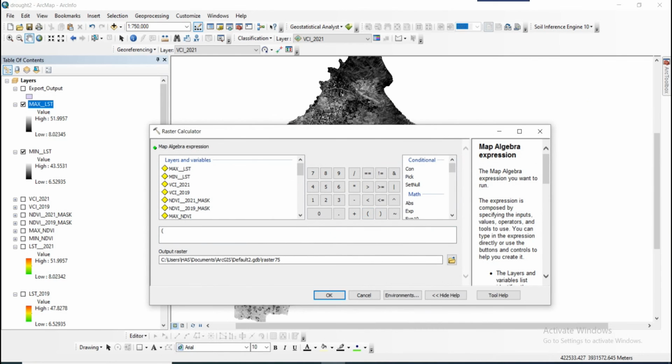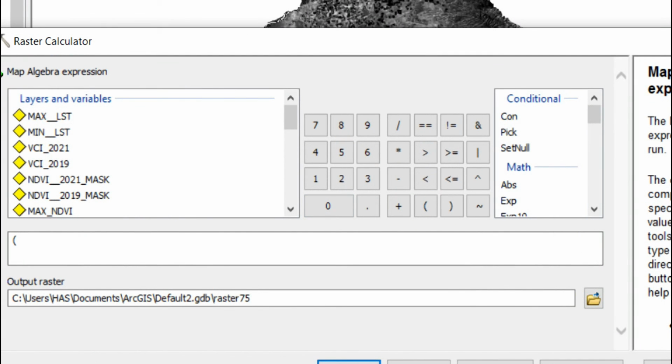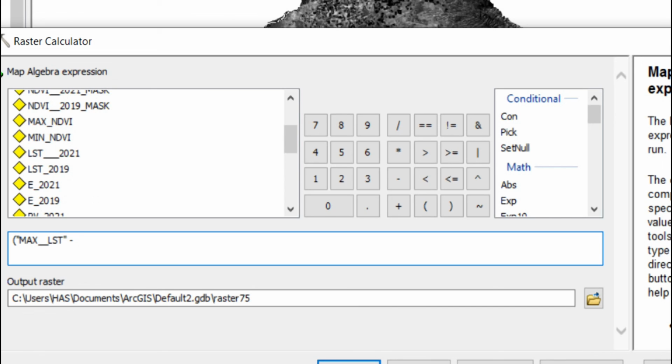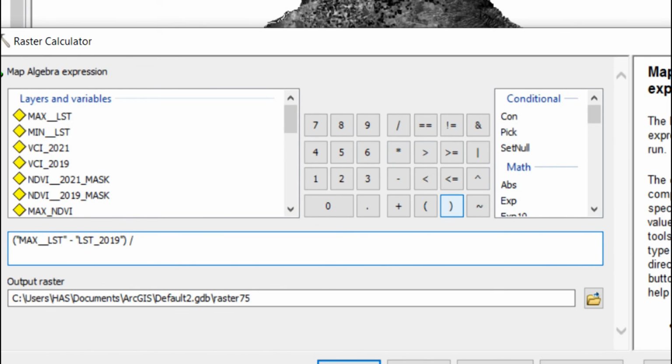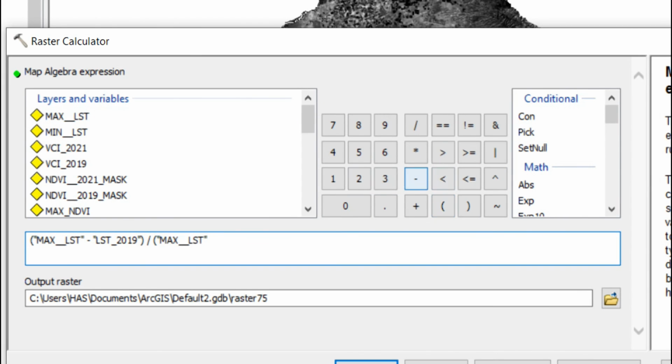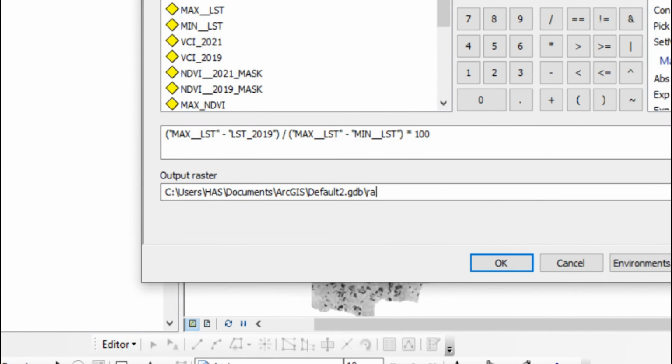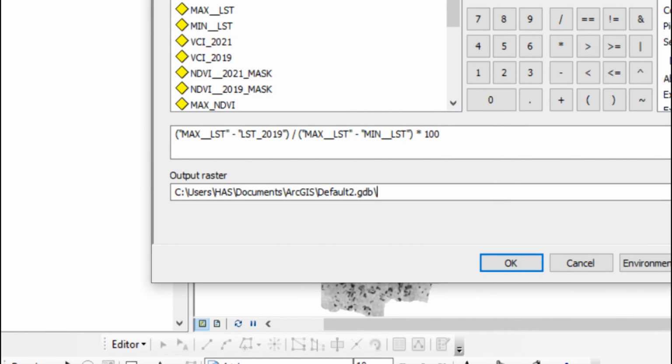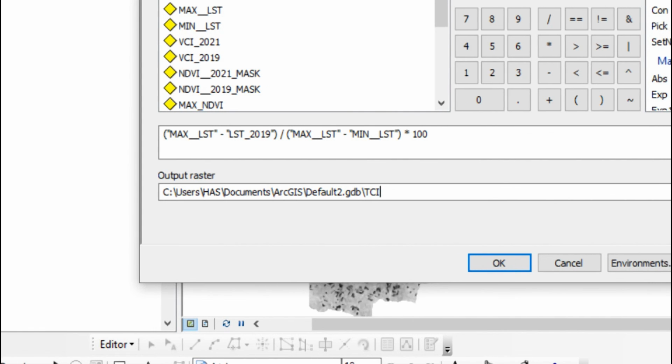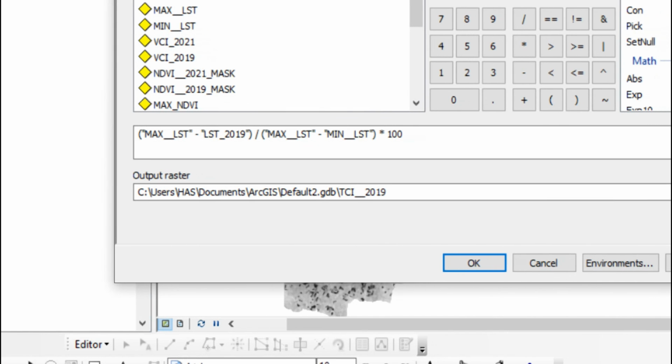So we have a bracket LST max minus LST for 2019, divided by a bracket maximum minus minimum, and multiply by 100, and we're gonna call this TCI for 2019. Okay.